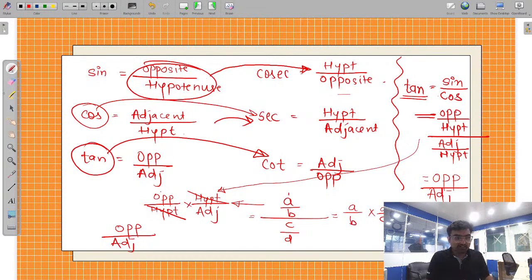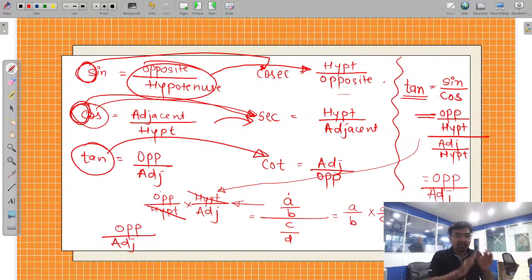So one easy trick: the reciprocal of the letter starting with S will start with C. If the initial letter is C, its reciprocal will have S. That means C and S are related in both ways. Sine reciprocal is cosec, cos reciprocal is sec. Clear? Got it? Good. So these are the basic trigonometric ratios.